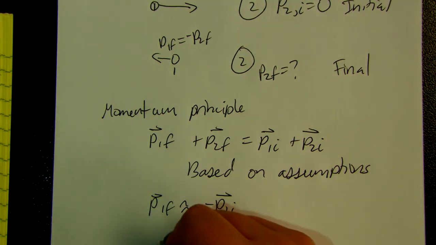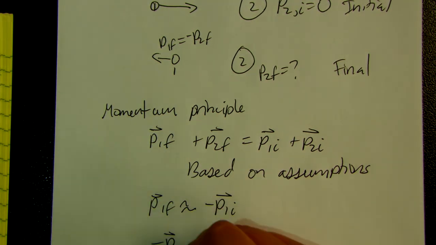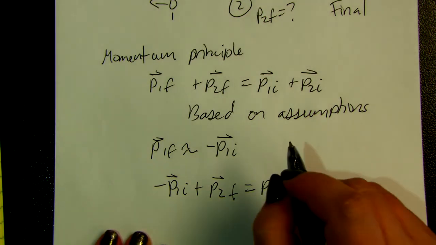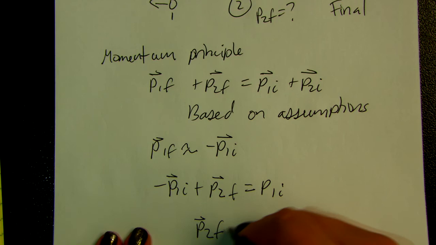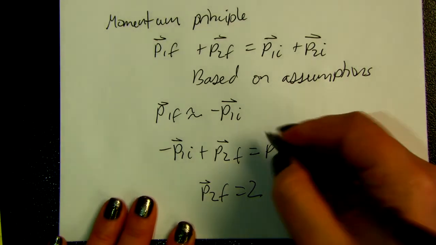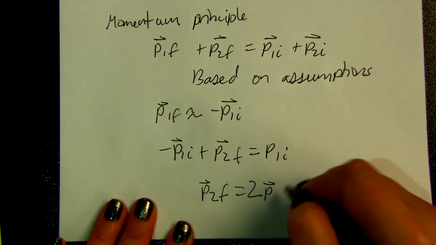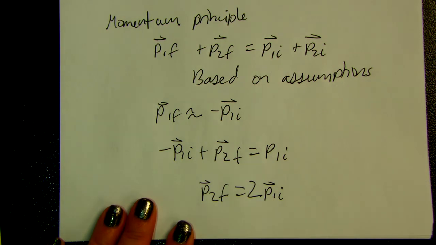So therefore, minus P1 initial plus P2 final is equal to P1 initial. So P2 final is equal to twice P1 initial.